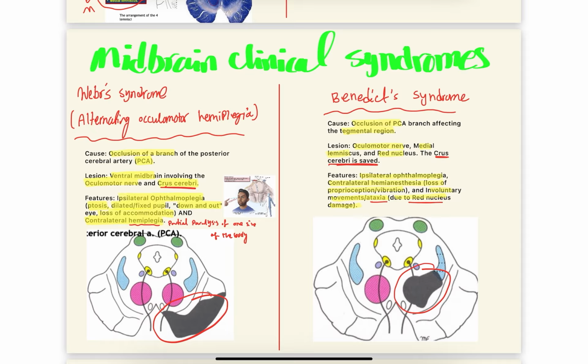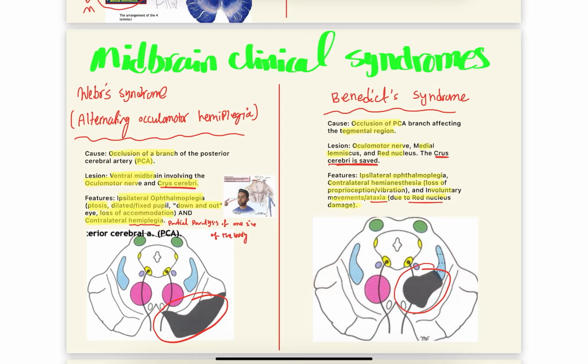Okay. The Benedict syndrome, on the other hand, affects what? It affects the oculomotor nerve, and it affects the medial lemnisci, remember the LTSM, and also the red nucleus itself, but the crus cerebri is not affected. And again, it's because of the PCA. It's occluded in the tegmental area, the area in the center right here.